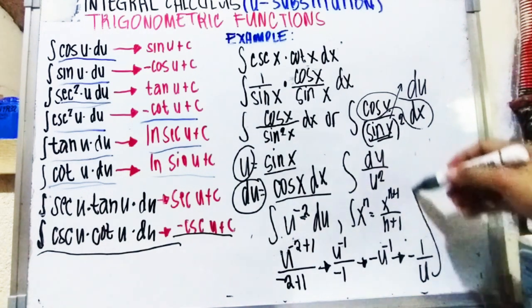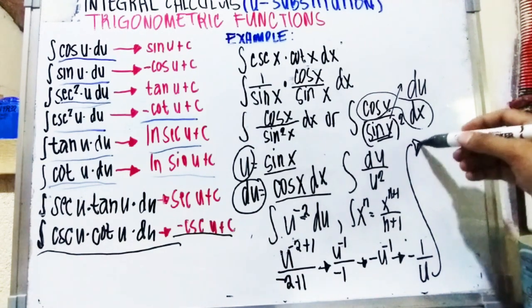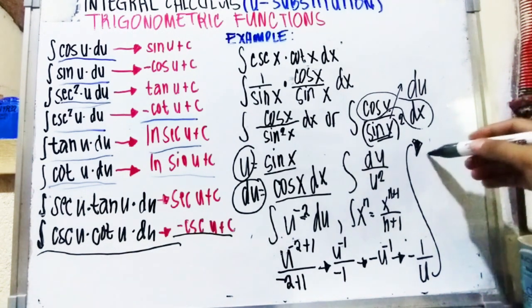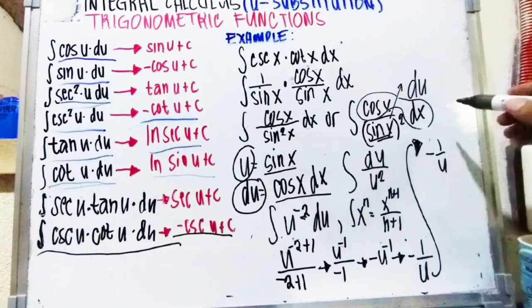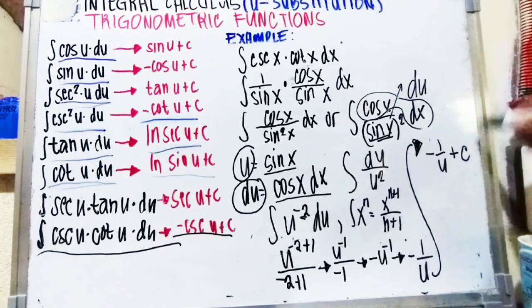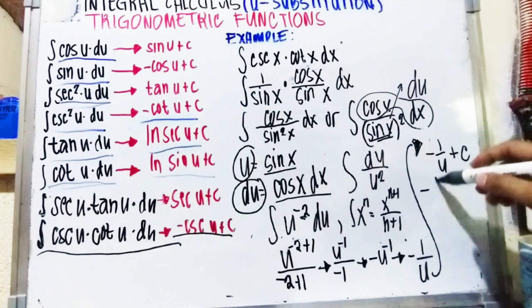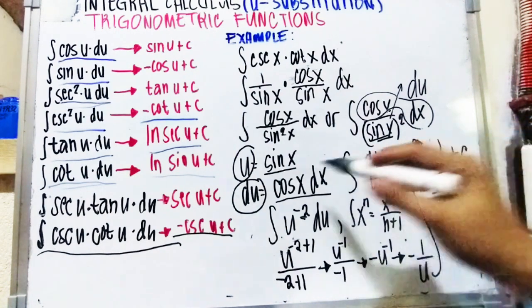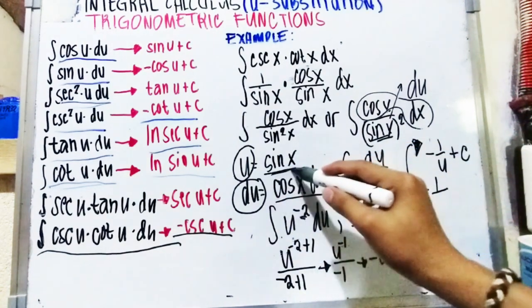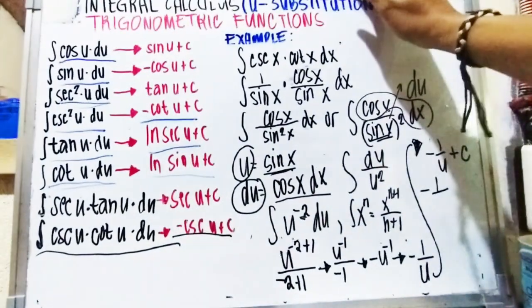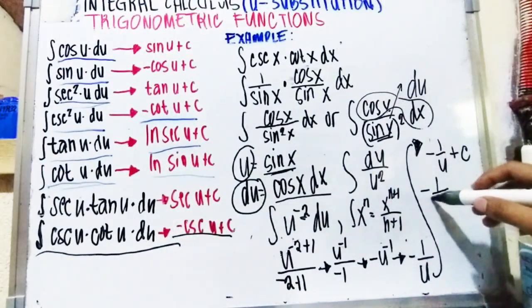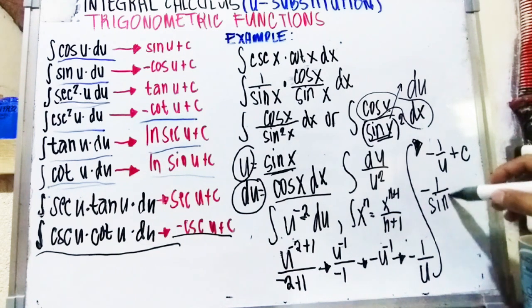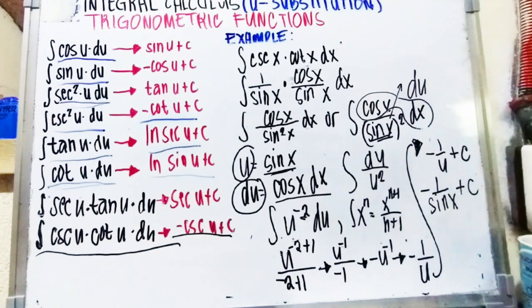Then, substitute back the value for our u. Then, negative 1 over u. Let's not forget the plus c. So, negative 1 over ano ang u natin? U natin is our sin x. Pwede natin sabihin negative 1 over sin x plus c.